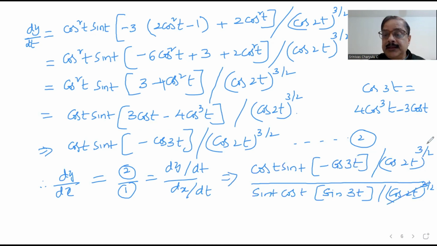So cancel this and this and this and this. So now we are only left with minus cos 3t divided by sin 3t, which is nothing but minus cot 3t.